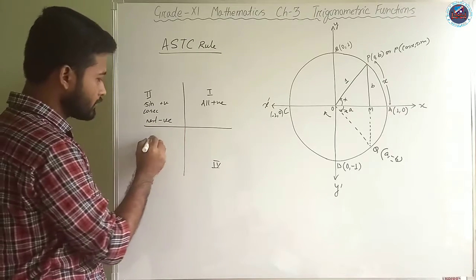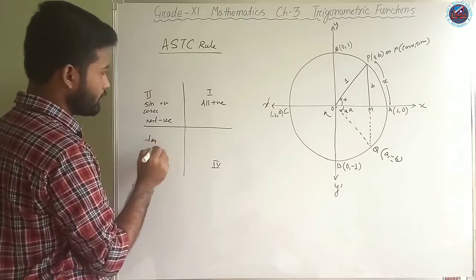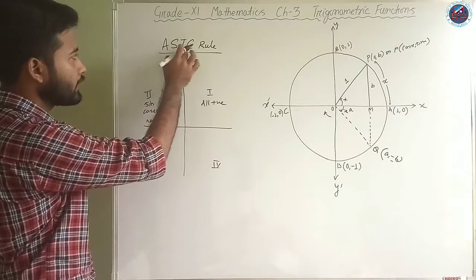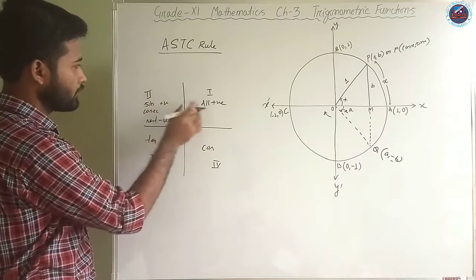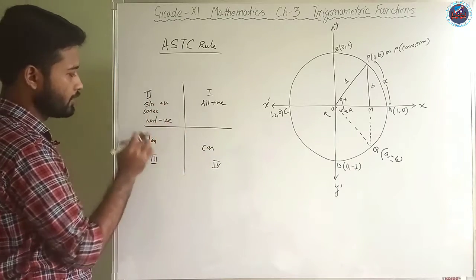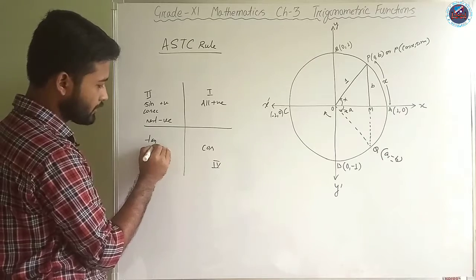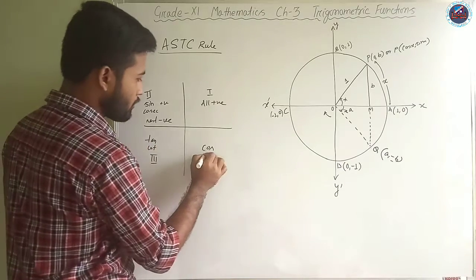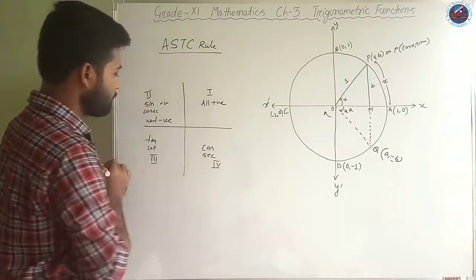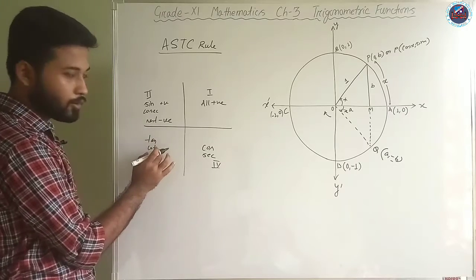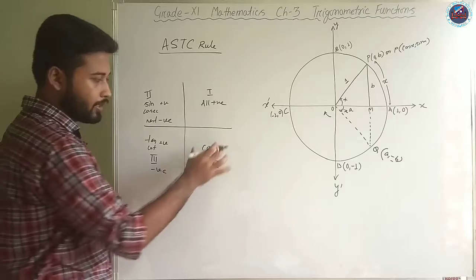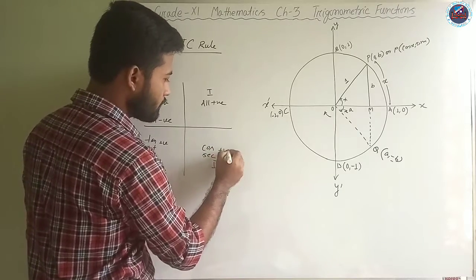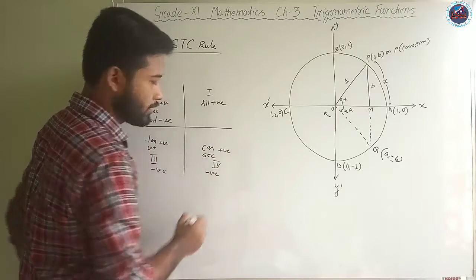In the third quadrant, all sine tan cos: take sine and the opposite of sine, tan and the opposite of tan, that will be cot, cos and the opposite of cos, that will be sec. Okay. So here tan and cot will be positive, the rest will be negative. Here cos and sec will be positive and the rest will be negative.